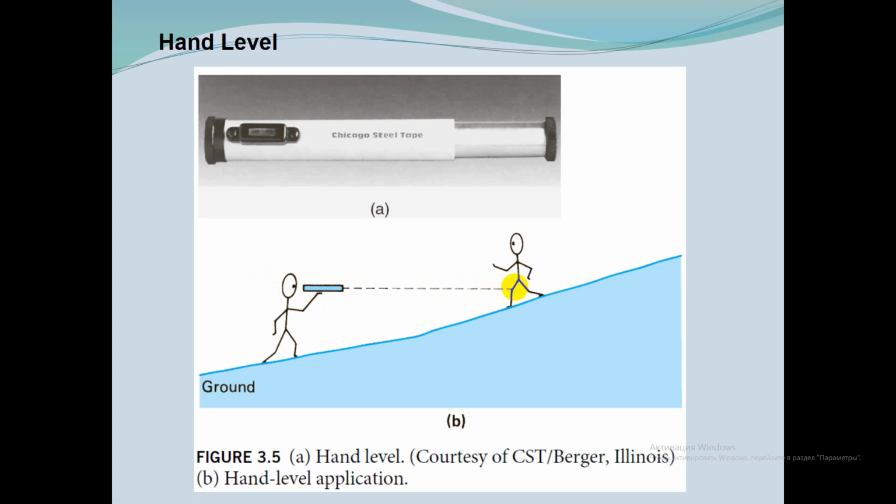The low end of the tape is held that distance off the ground, using a plumb bob at the high end of the tape being held on the mark. So, the hand level and its application.